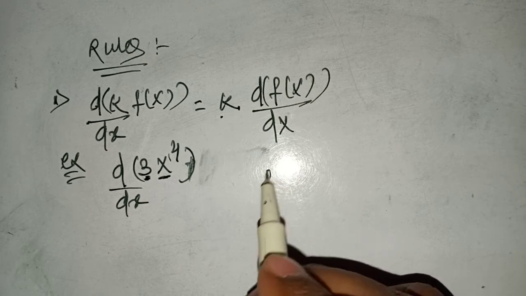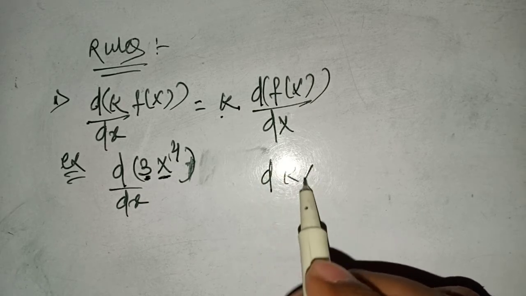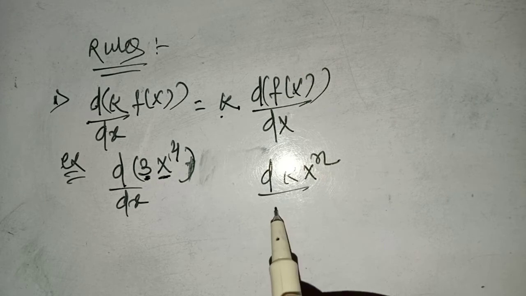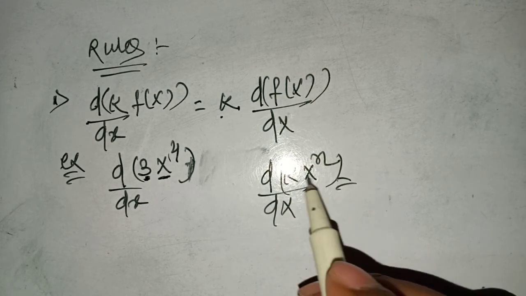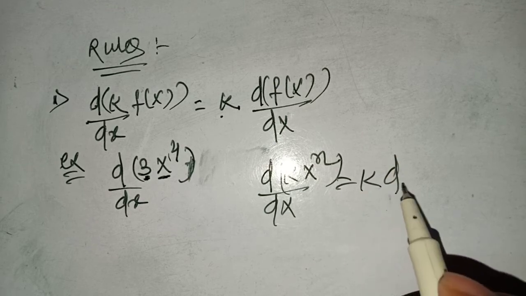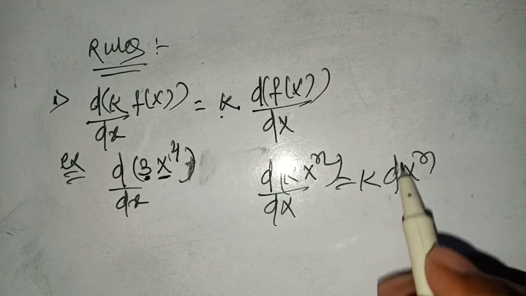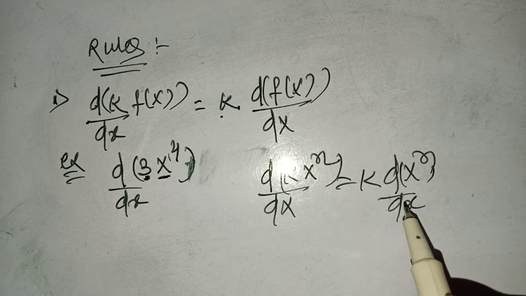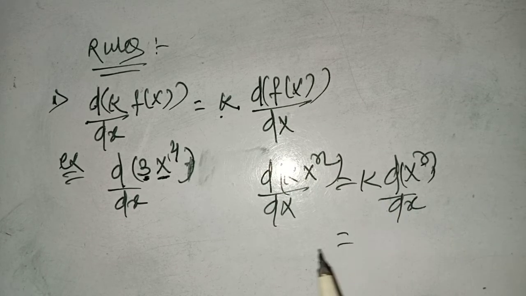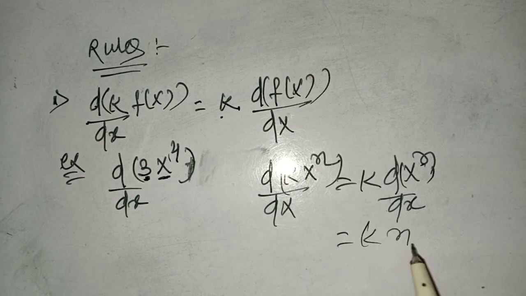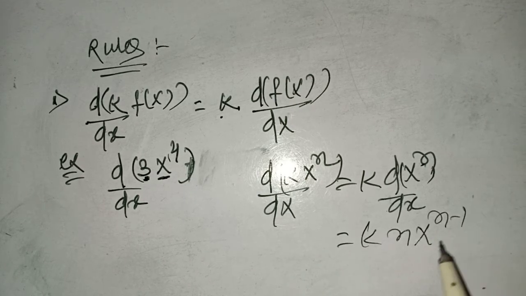Look, differentiation of k x to the power n by dx is equal to k outside. Then we have to differentiate x to the power n by dx, which is n into x to the power n minus 1.